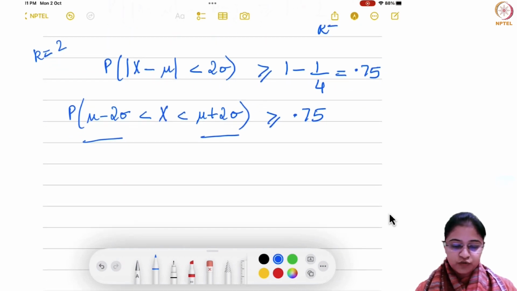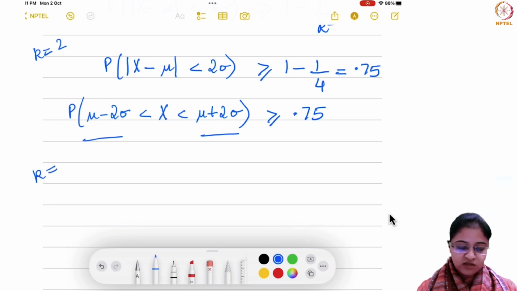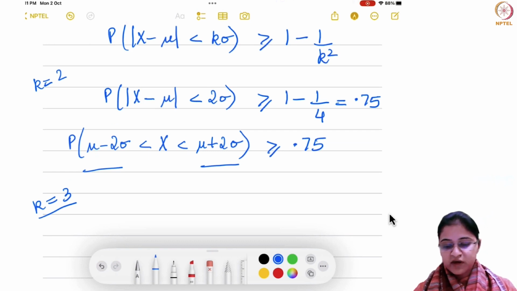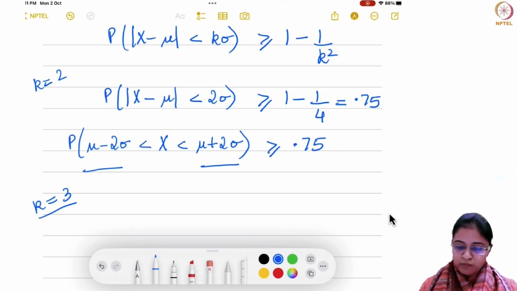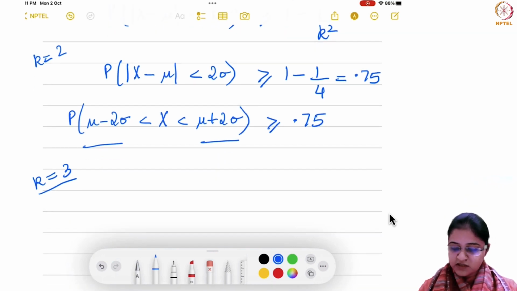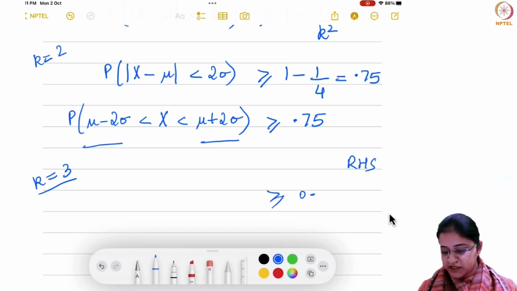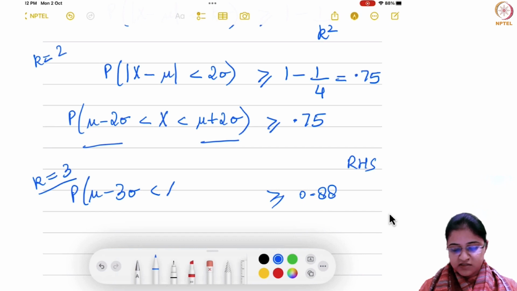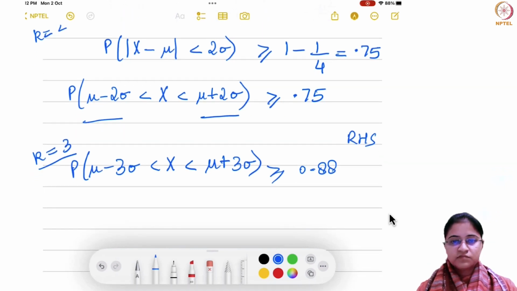Now you can change the value of k to 3 also. So if you substitute k as 3, what will you get? You can see here 1 minus 1 by 9 will be there. So the right hand side will come out as 0.88, and this side it will be mu minus 3 sigma less than x less than mu plus 3 sigma.